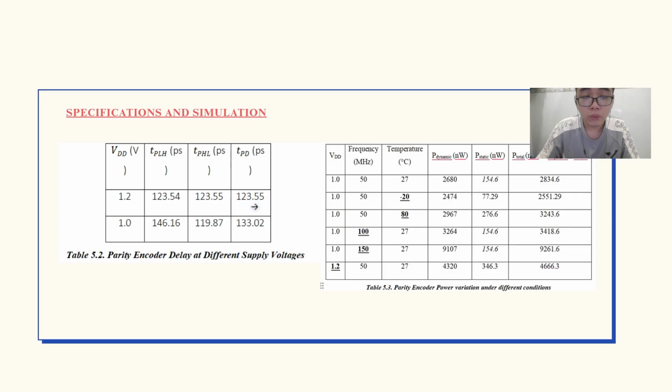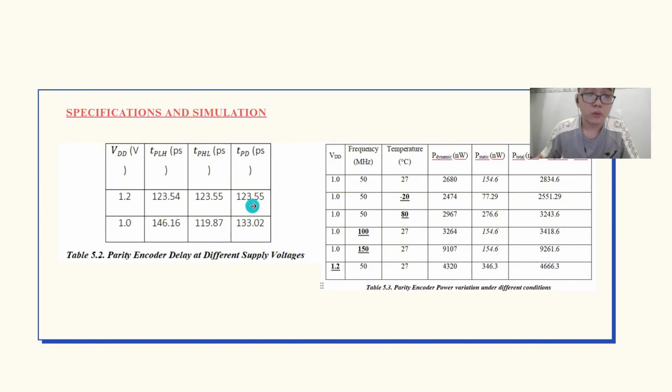From the table, we can observe that when VDD increases from 1 volt to 1.2 volt, the propagation delay tends to decrease. We can see when VDD is 1 volt, TPD is 132.02.